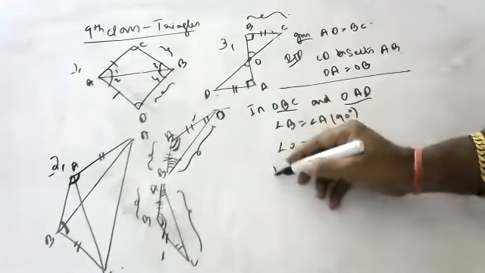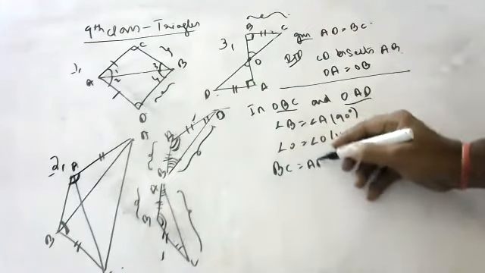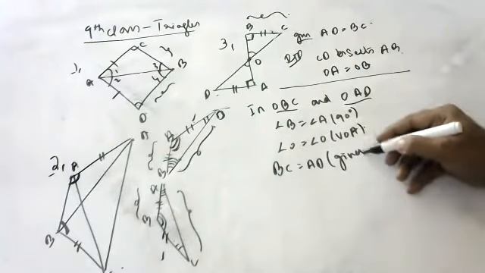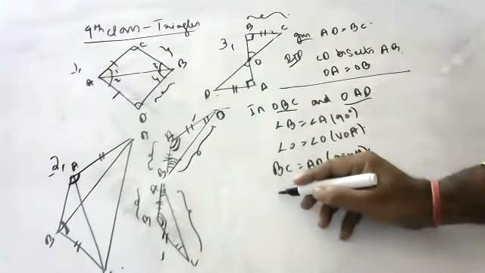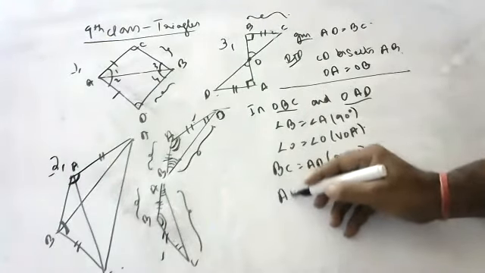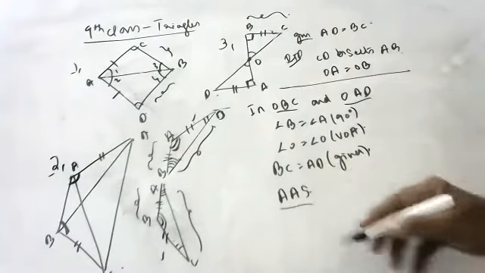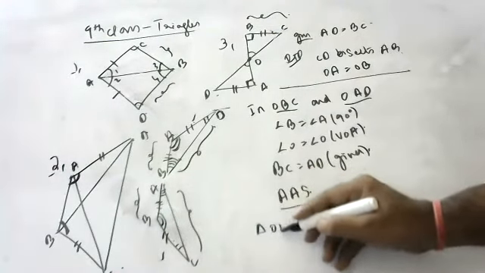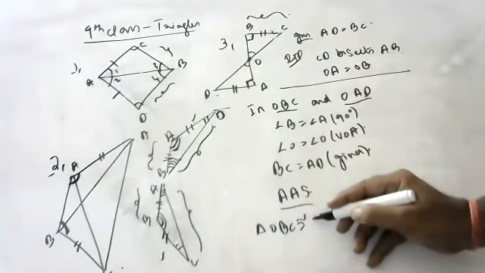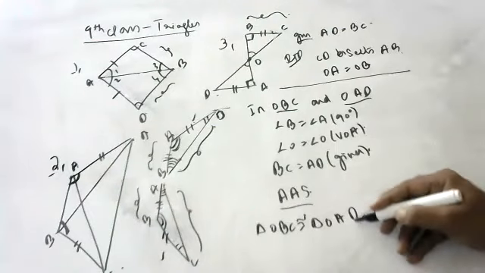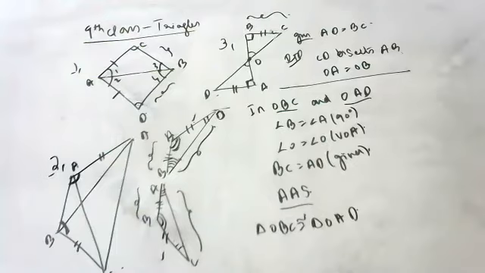BC is equal to AD, given. By AAS, angle-angle-side, triangle OBC is congruent to triangle OAD.